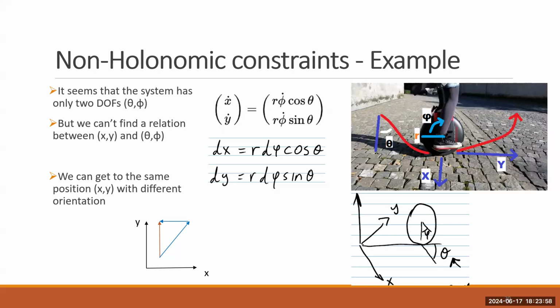But here I got in this orientation, and when I get here, I got in a 90 degrees orientation, which is different. So I've got the same x and y, but different theta and phi. So there is no one-to-one mapping between x, y, and theta and phi. And that's the problem of non-holonomic constraint. We cannot change coordinates very easily.